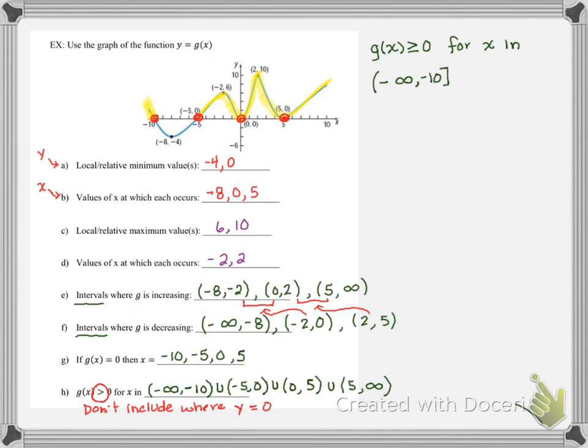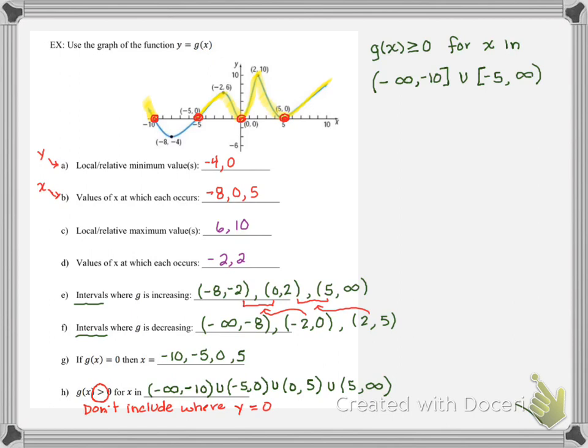And then we start up again at -5. And we don't have to skip the points where we bounce off the x-axis. So then it goes all the way to infinity. So we didn't need multiple intervals there because we didn't have to skip those individual points. Does that make sense, the difference between those two?